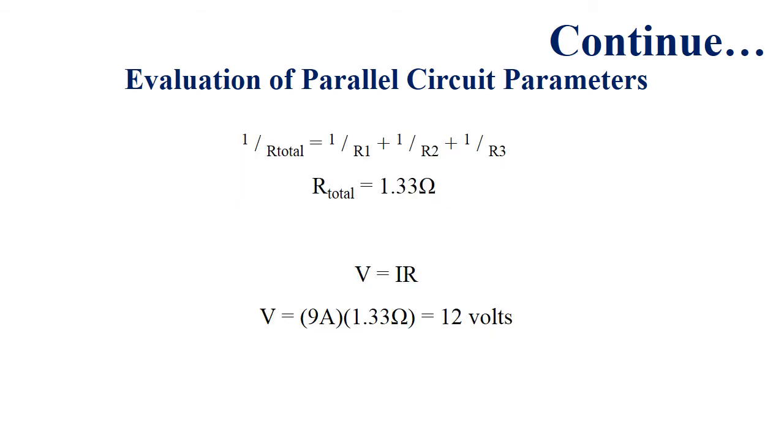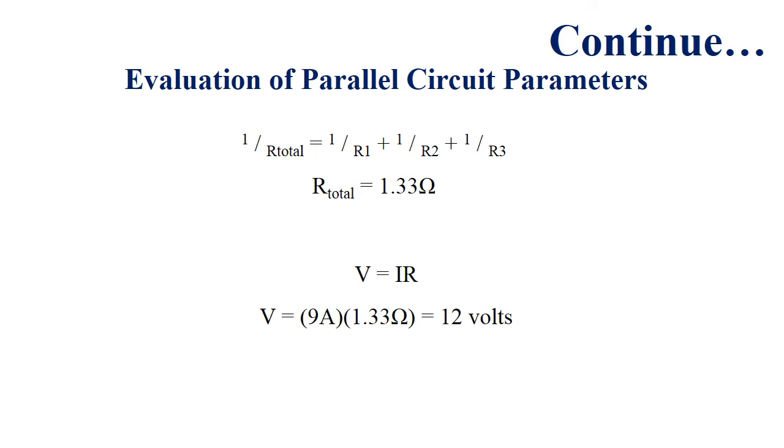In the parallel circuit, we know that the formula for R total is 1 by R total equals 1 by R1 plus 1 by R2 plus 1 by R3. So R total according to our circuit diagram is 1.33 ohm. And we know that in the parallel circuit across each branch we have an equal amount of voltage.